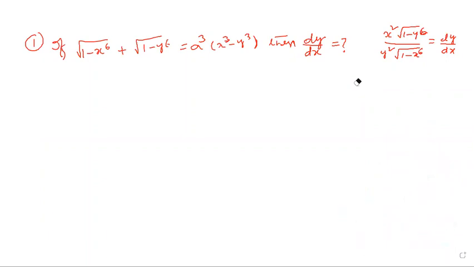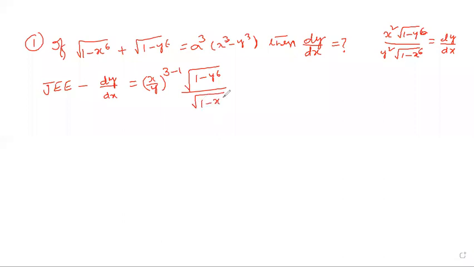So now we can see what is the formula, what is the process I am going to tell. So dy by dx is objective type. dy by dx is equal to, here we write half power, x by y half power 3 minus 1 into root over y term, root of y power 6 by root of 1 minus x power 6.